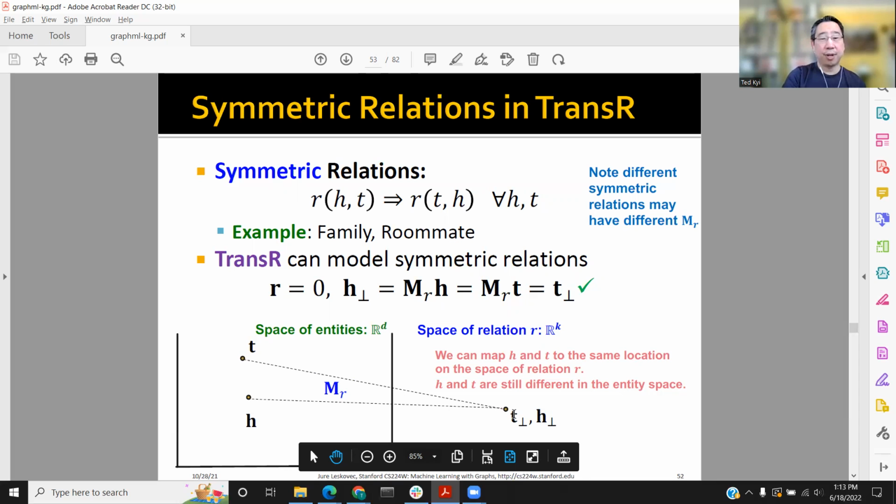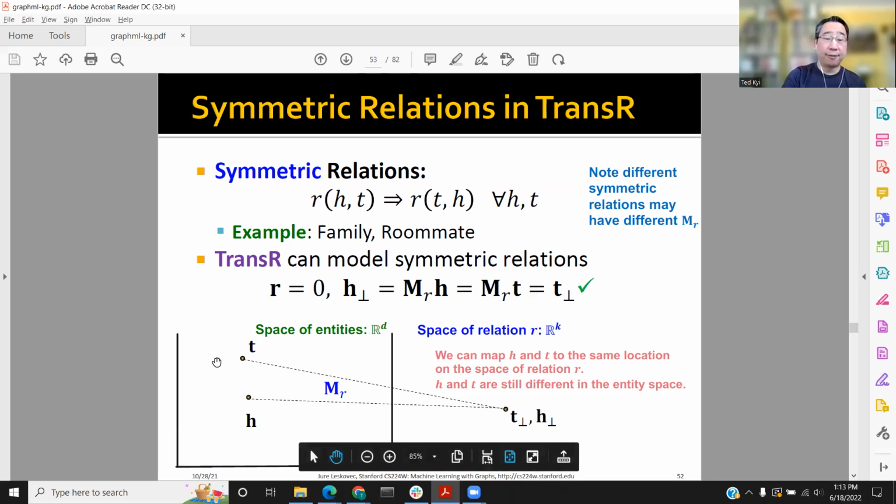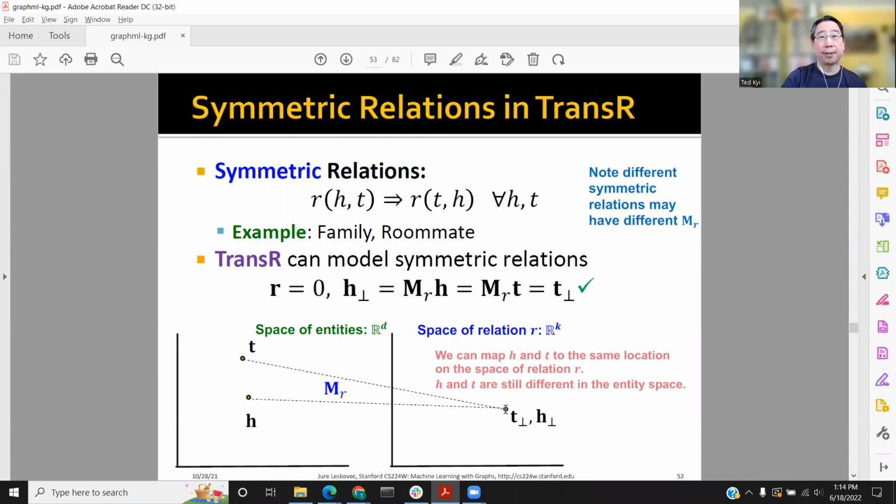And so this solves the problem that we had with TransE, where you can have a relationship from one to the other, but then the reverse won't necessarily work. But if you map these on top of each other and have the relationship vector be 0, then you're golden. So at least in theory, it has the capability of mapping.